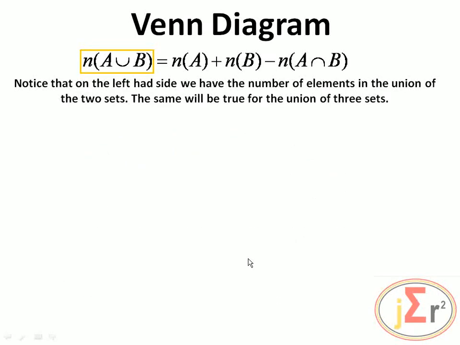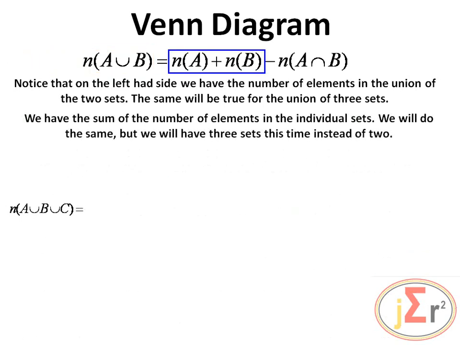Notice that on the left hand side we have the number of elements in the union of the two sets. The same will be true for the union of three sets. So we have on the left hand side the number of elements in the union of the three sets. So we are drawing an analogy between the formula for the number of elements in two sets and the number of elements in three sets.